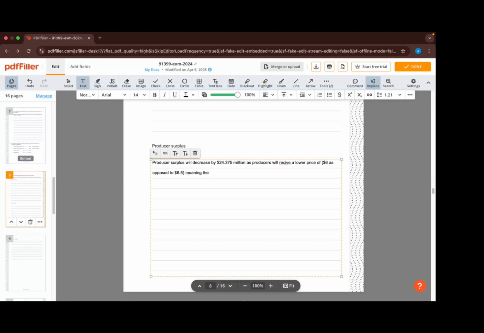Meaning, the price they're willing to accept is... It's kind of that first section, guys, on price, then on quantity.